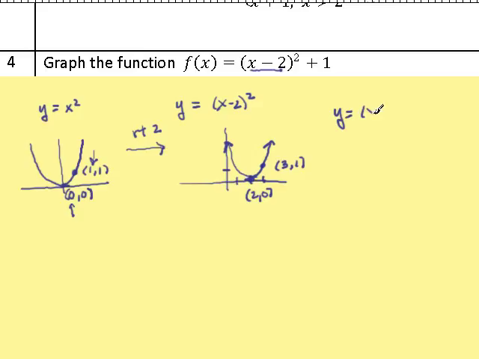And then we wanted to graph y equals x minus 2 squared plus 1. So now we're going to shift up 1. So that means 1 is going to be added to the y coordinates.